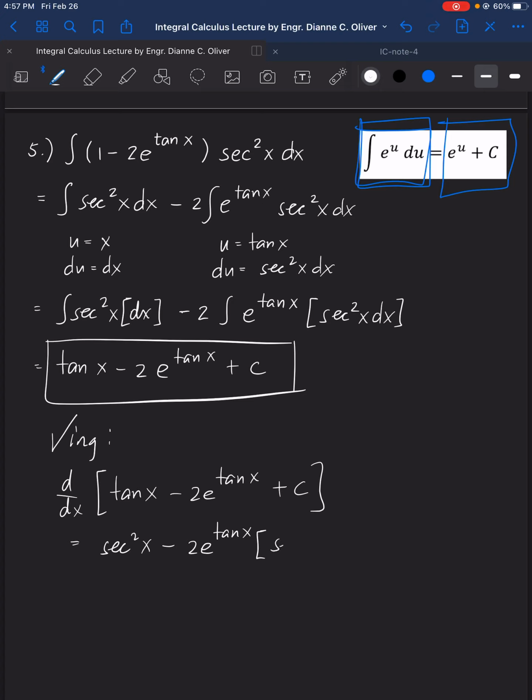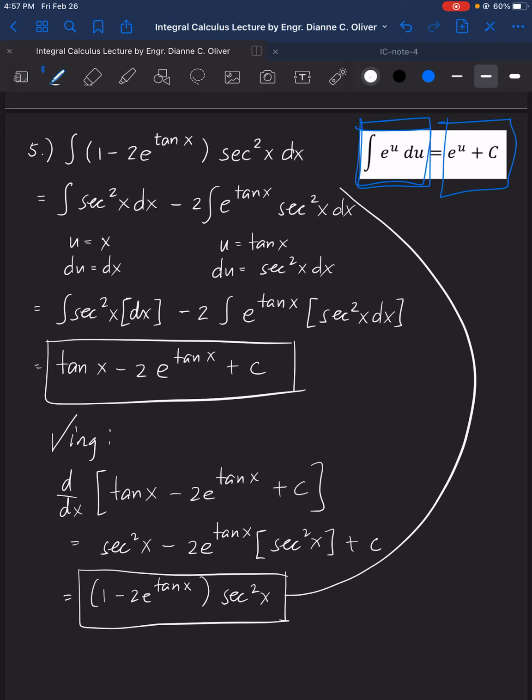Derivative of tangent x is secant squared x, plus 0. Therefore, we have here 1 minus 2e raised to tangent x times secant squared x. And this is similar with the given. Therefore, this answer here is correct. So that is for number 5.